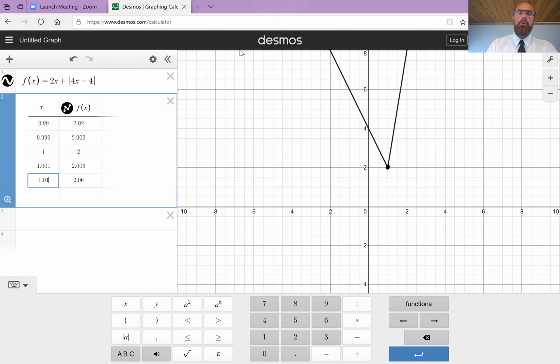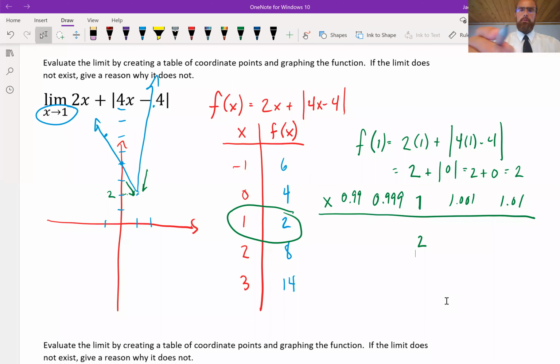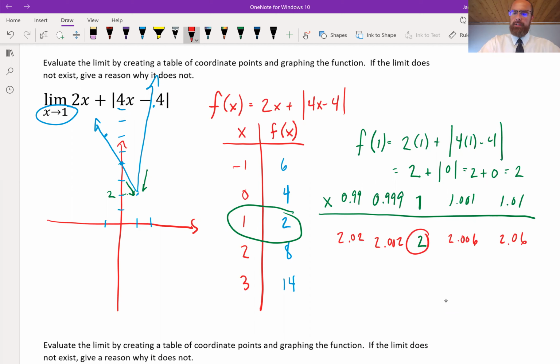Well, let's record that table and finalize this limit. So we had found that these were real close to 2, 2.002, 2.02, 2.006, 2.06. So definitely the left-hand side is approaching 2, as is the right side.